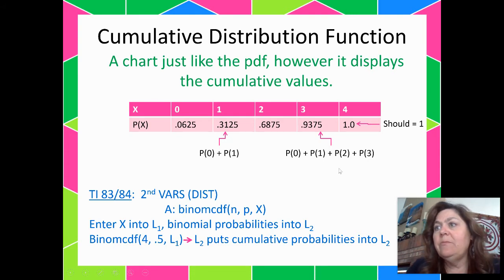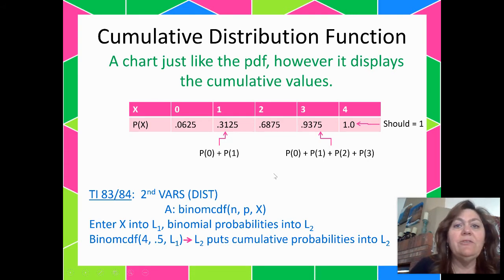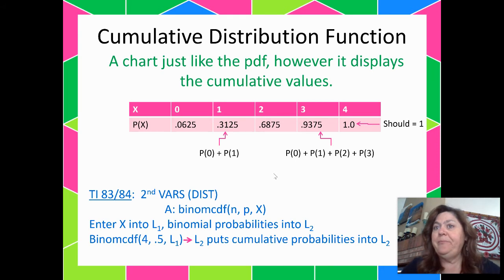Now, the nice thing with this video is you could pause this right now and enter these things in your calculator and make sure you understand both how to do binomPDF and binomCDF before we move on. Okay.